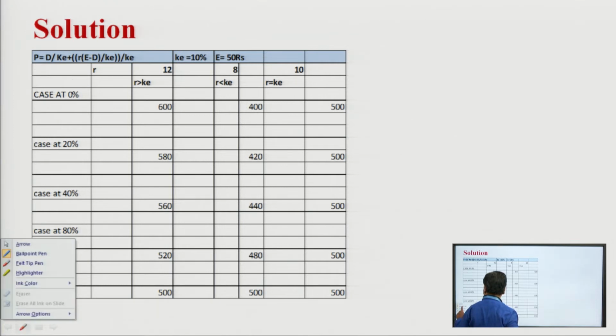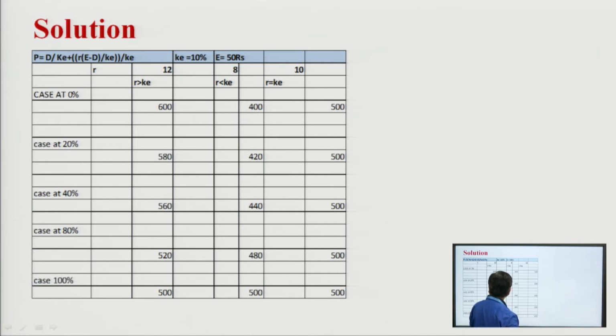Now, when you are going to pay the dividend, I take the example of this case, 40%. D equals to 0.40.